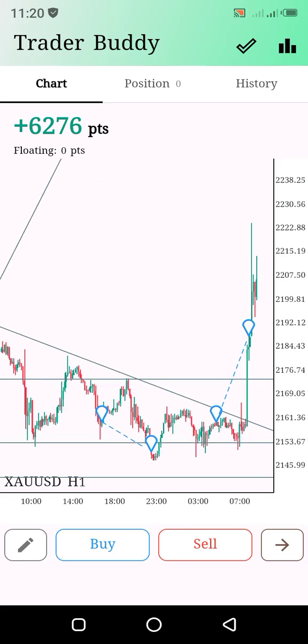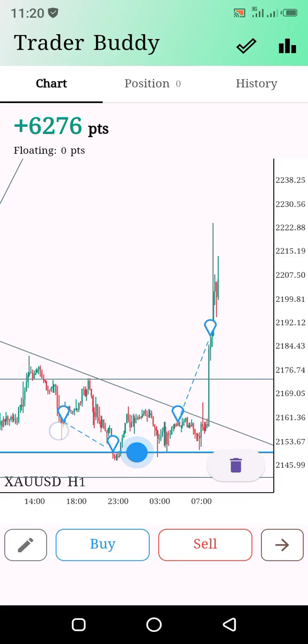But what actually made it click for me at this point was that this is an area where price has been making lower lows, and then here we have price making a new higher high. Now this is a bit tricky, but you see that as long as price makes a new higher high here, that means there is less interest from sellers to actually continue making the market lower.